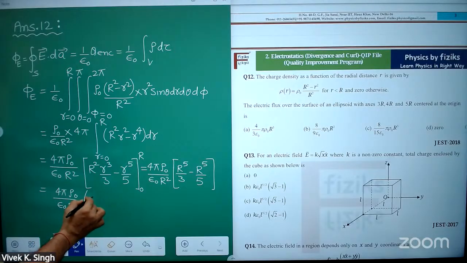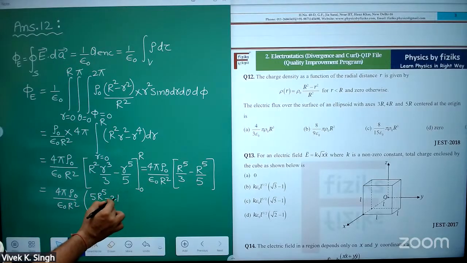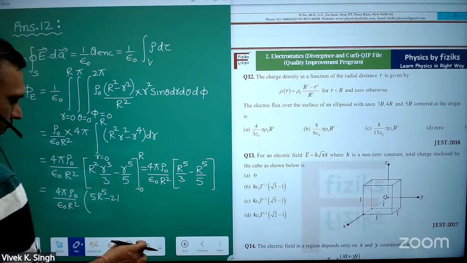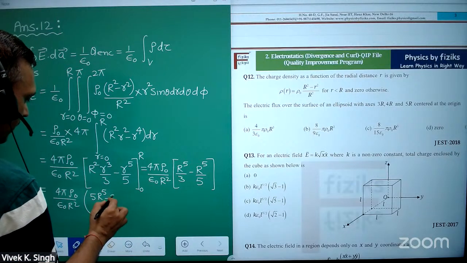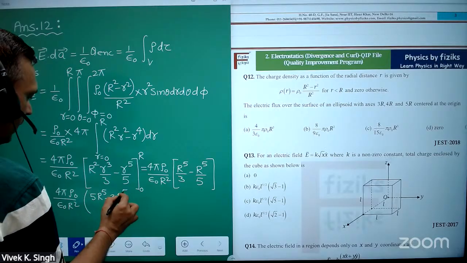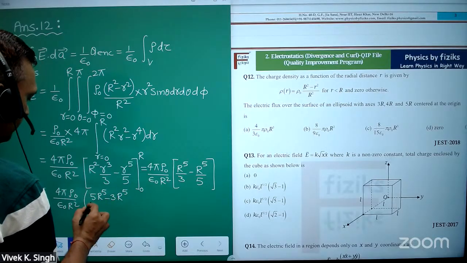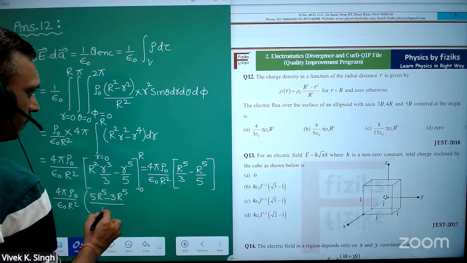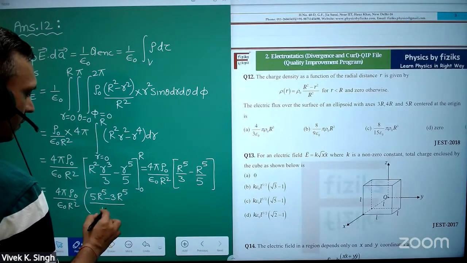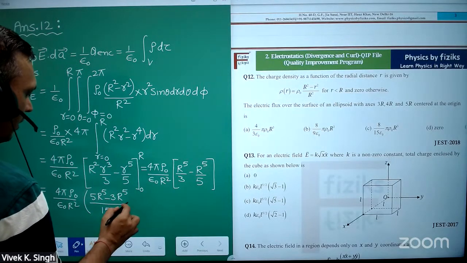Here you will get (5 R power 5 minus 3 R power 5) by 15. This will be the value.